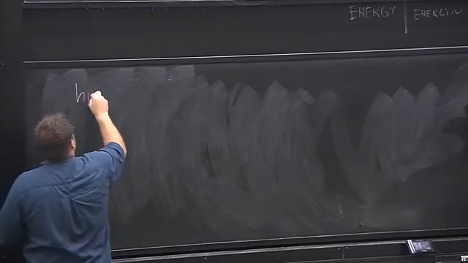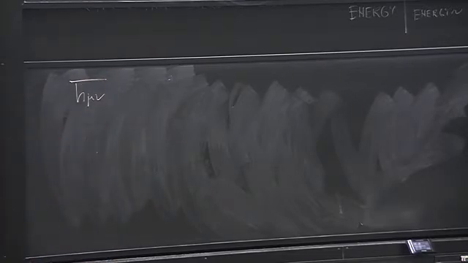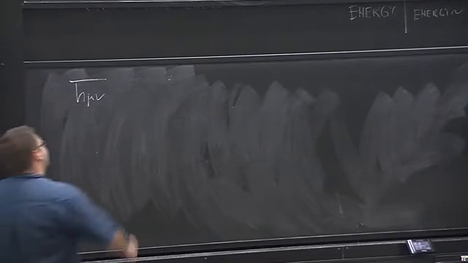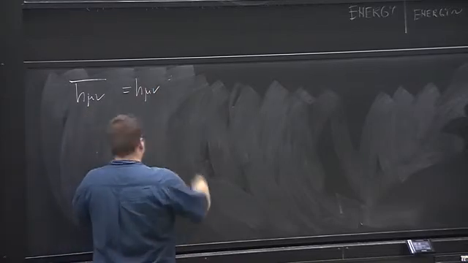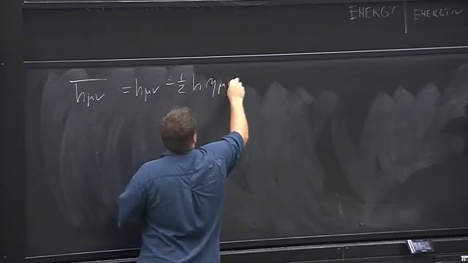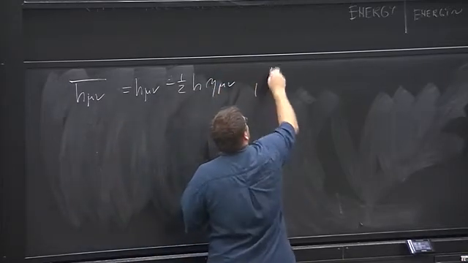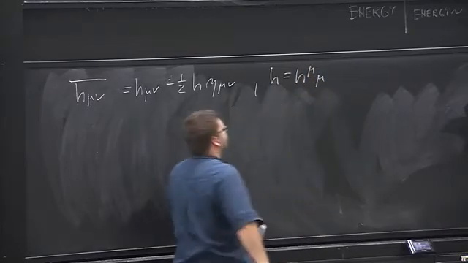Let's call it h bar mu nu. In this new variable, the thing actually simplifies. It is simply h mu nu minus 1/2 h eta mu nu, where h is the trace of h mu nu.